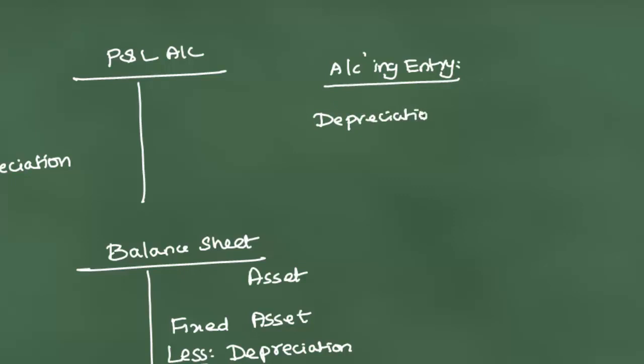And why are we debiting? The nominal account rule says debit all expenses and losses. So depreciation account debit, and we are crediting the concerned fixed asset because a fixed asset will always have a debit balance. By crediting, we are reducing the value of fixed assets. So, to the particular fixed asset account. This is the accounting entry that will be passed.